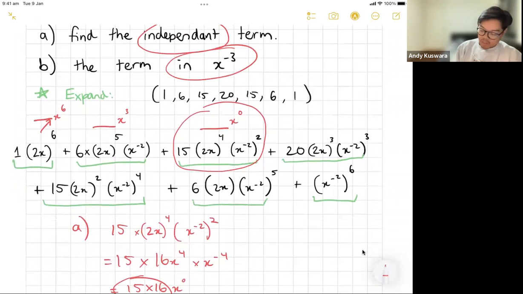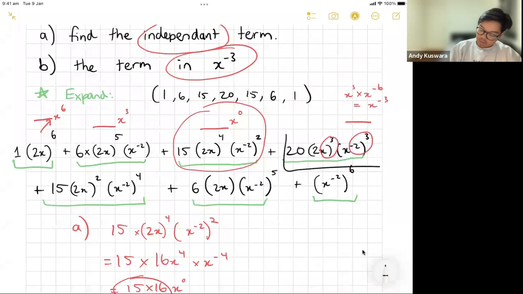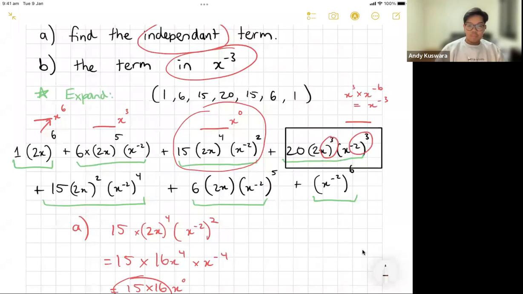Okay, now the term in x to the negative 3 is going to be the one that gives us a term of x to the negative 3. So let's keep going here. If I see here, I've got x to the 3 and then x to the negative 6. So x to the 3 times x to the negative 6. Surprise, surprise, that becomes x to the negative 3. That's our term. So in other words, you can say that this term here becomes our term in x to the negative 3.